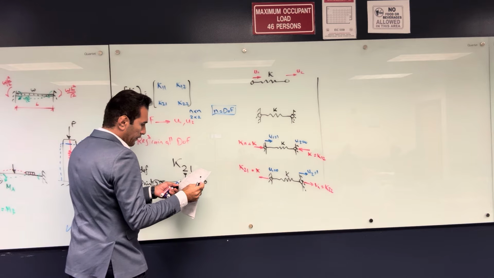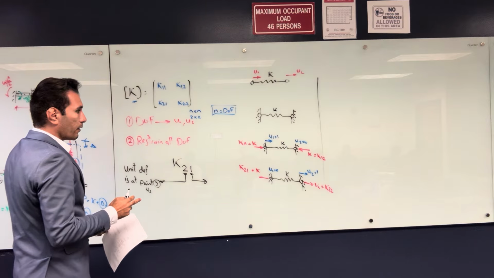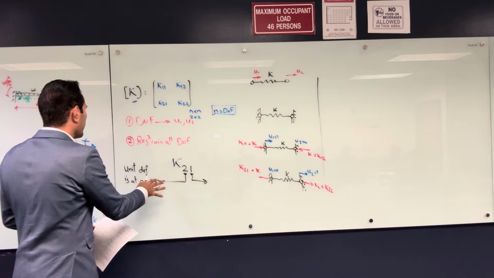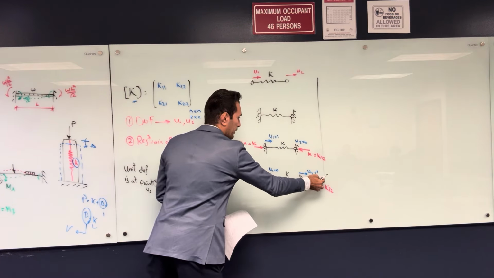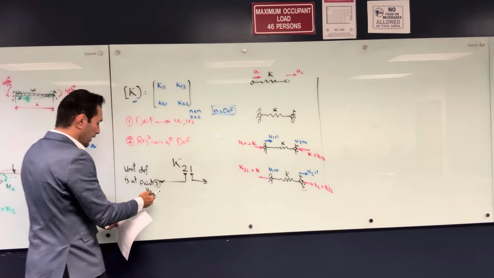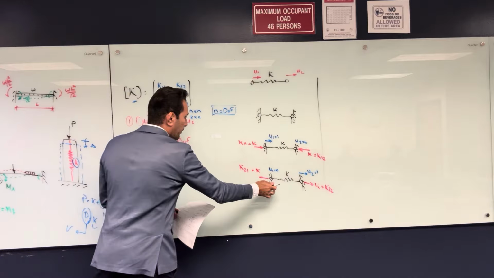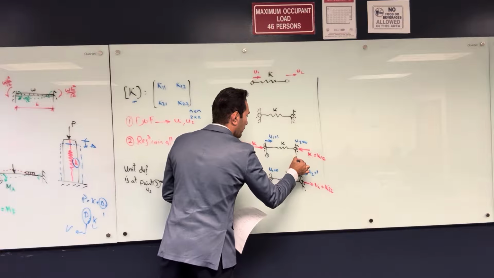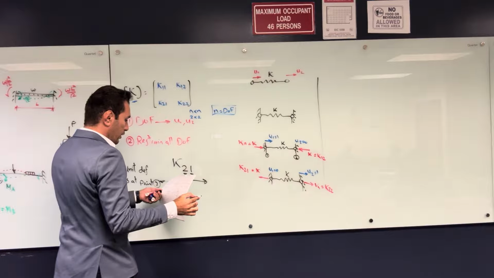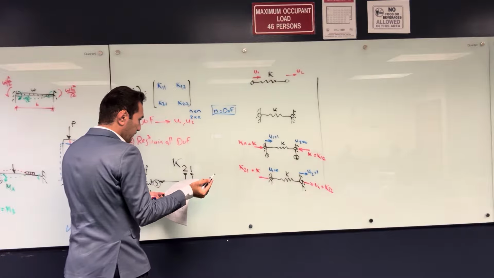I said unit deformation, and I said here stiffness force. It's the same thing. This is the stiffness force or the unit deformation at point 2, and this means the point that I'm looking at, because this is still point number 1. This is still point number 2. So here I'm saying due to unit deformation at point 1.